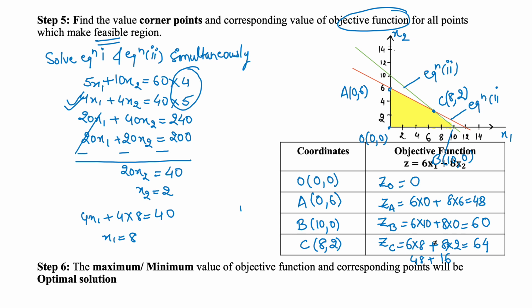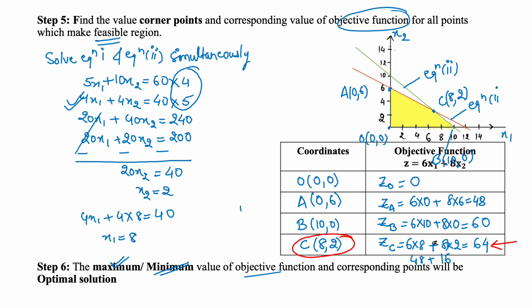Among these corner points, we have to find the maximum value of the objective function, because the objective was to maximize my function. So the maximum value among these is z equals 64, and the corresponding point is my optimal solution.